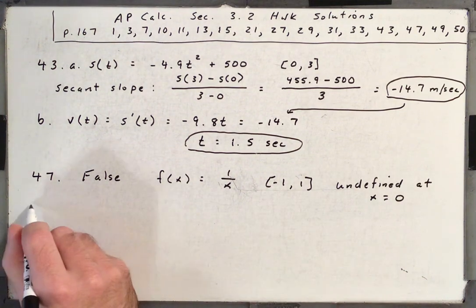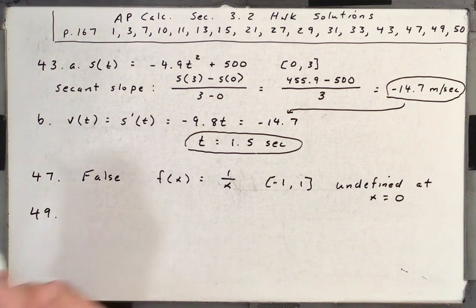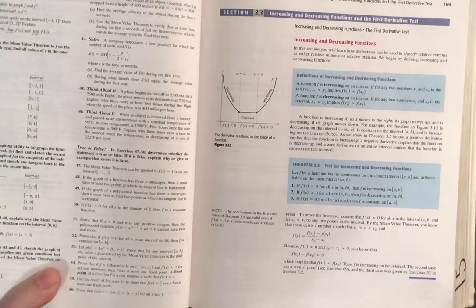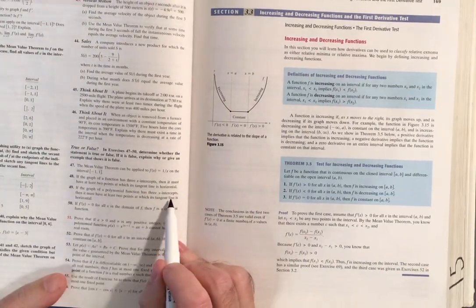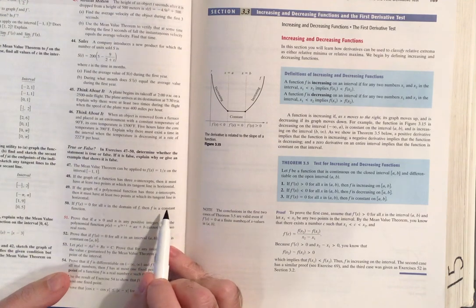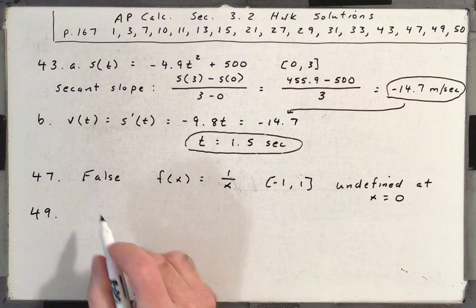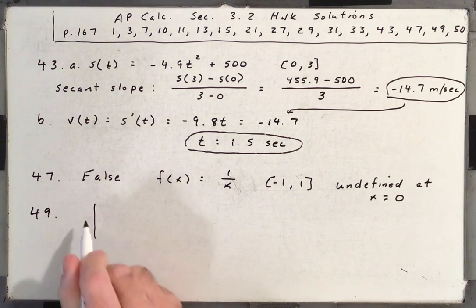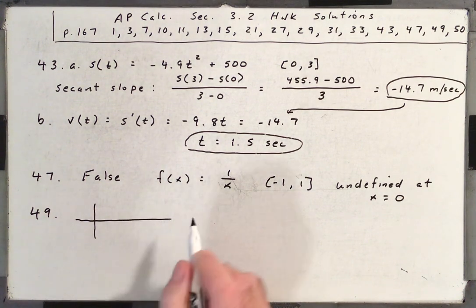All right, let's take a look at 49. 49 says, if the graph of a polynomial function has 3 x-intercepts, then it must have at least 2 points at which its tangent line is horizontal. Well, let's just draw that out. 3 x-intercepts. So here's a coordinate plane.